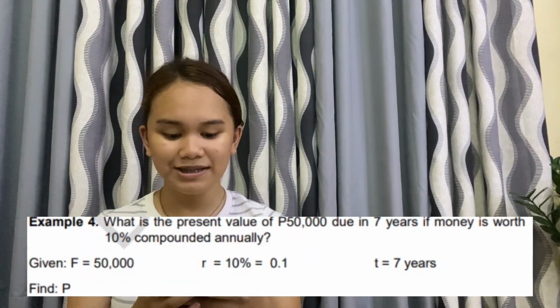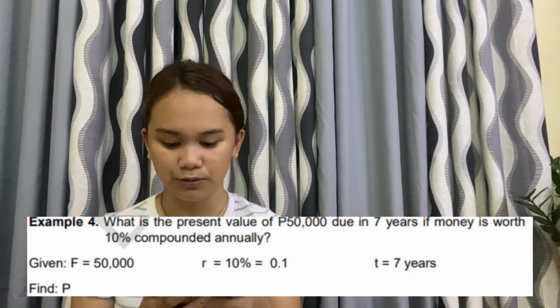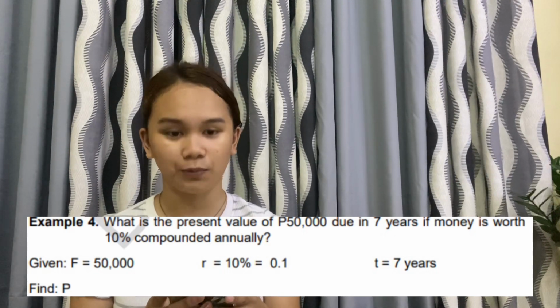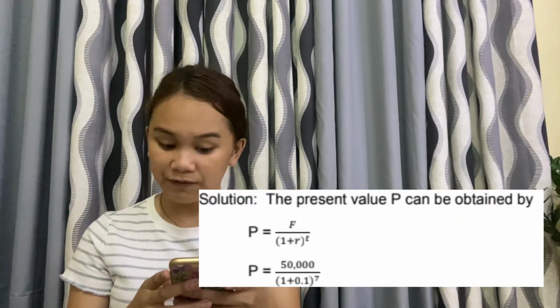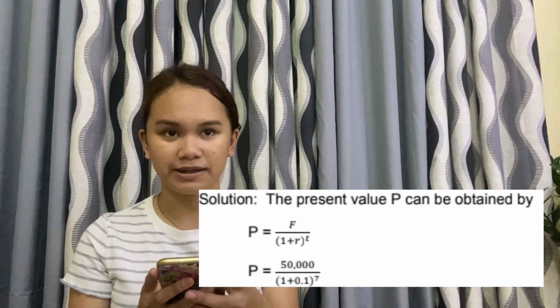So we have here example number 4. What is the present value of 50,000 pesos due in 7 years if money is worth 10% compounded annually? The formula is P is equal to F over 1 plus R to the power of T. So the future value here is 50,000 pesos, the rate is 10%, and the time is 7.